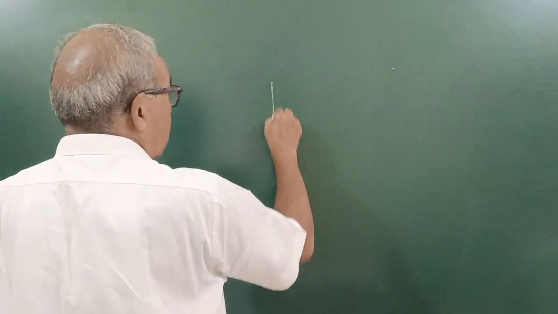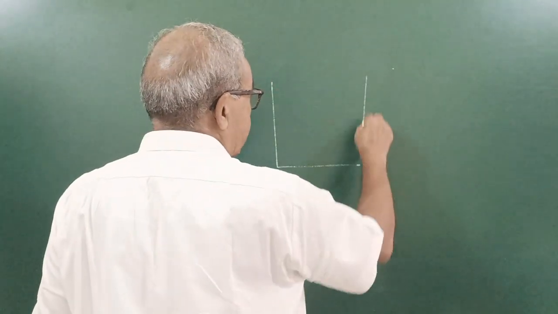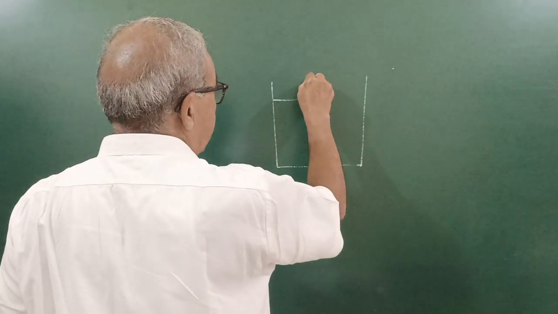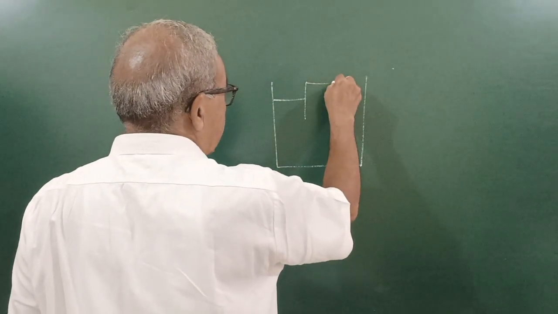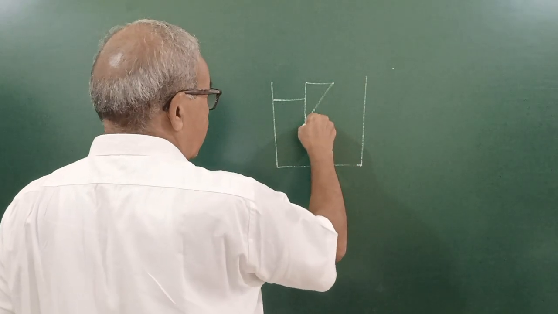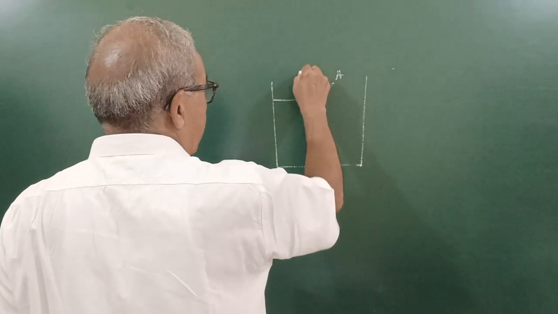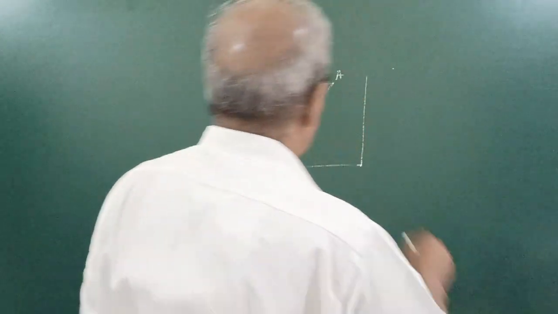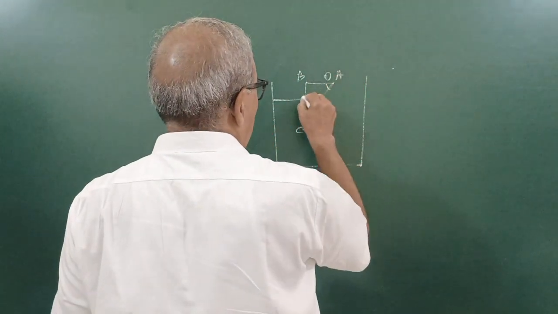Here again, it is a container having water inside, and in this is a glass prism ABC. The angle at B is theta.